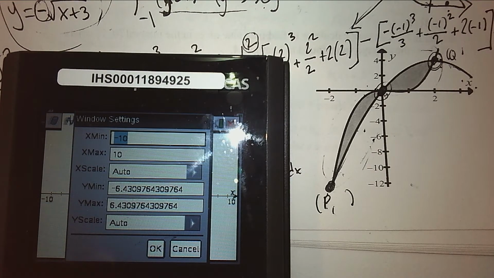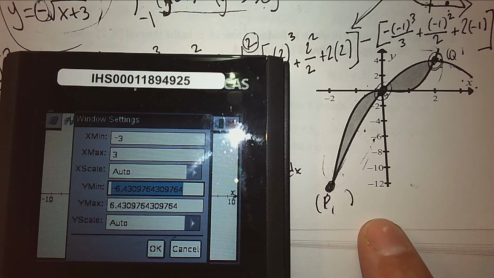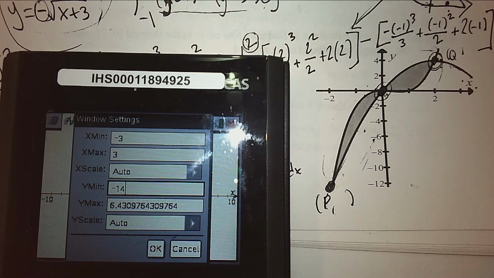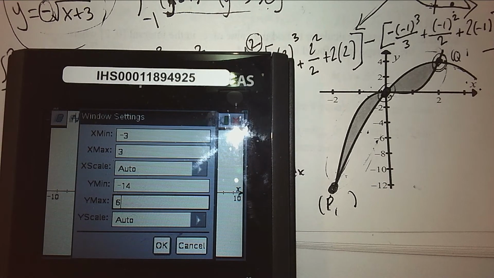My x minimum, I'd actually make -3, so it's 1 less than what I need. The x max, I'd make +3. The y minimum goes down to -12, so I'd go lower, like -14, more than what you need. And then the y max up here is at 4, so I'd go up to like 5 or 6. So you can change the window based on what you see in the actual question, and then click on OK.